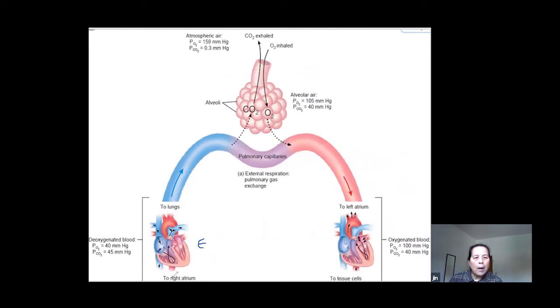Mainly we're talking about the blood coming directly from the right side of the heart, from the atrium here and then going to the ventricle. Then it connects to what we call the pulmonary artery here.